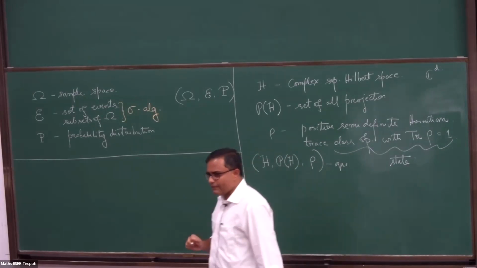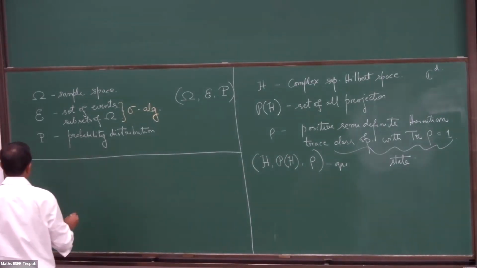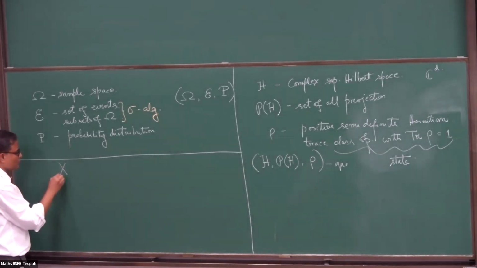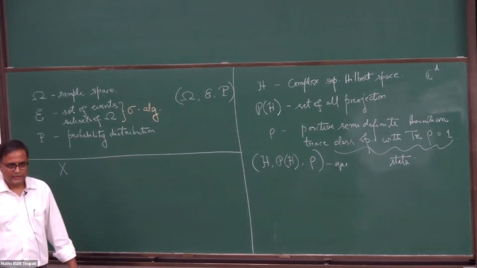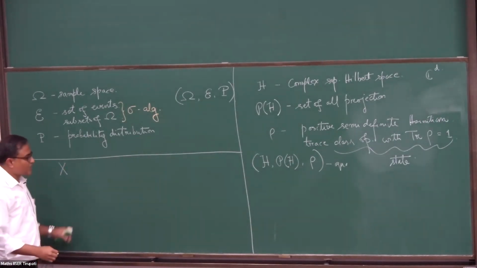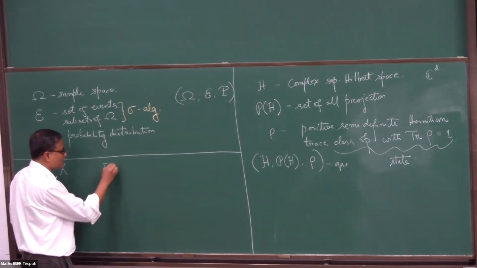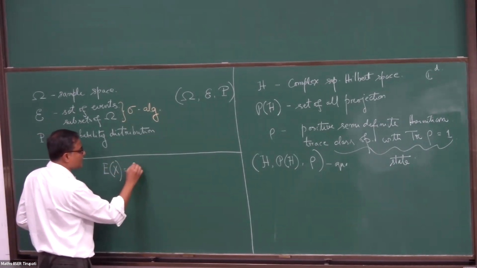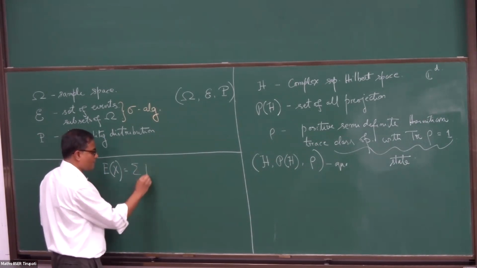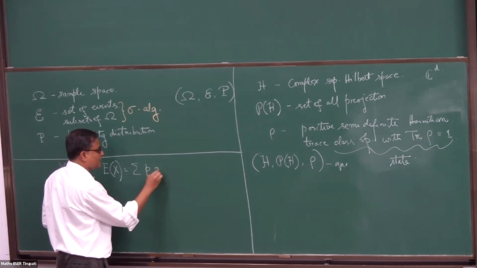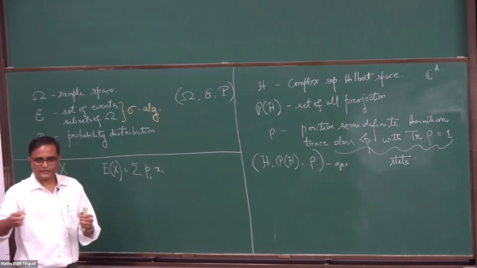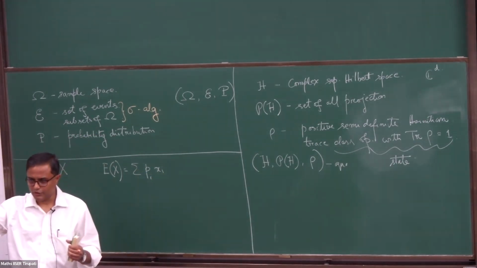Now, if you have a random variable x, which is taken from the sample space to real or whatever the space the images are, how do you generally take the things? The expectation of x is taken as summation of pi xi when these x's are taking a finite number of values only.